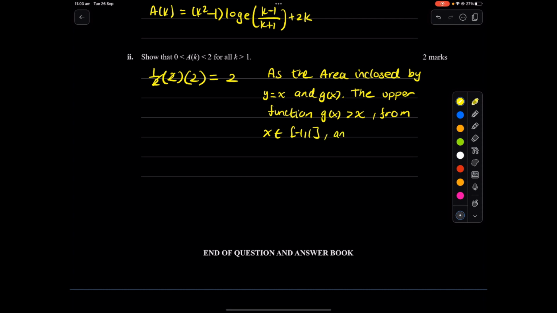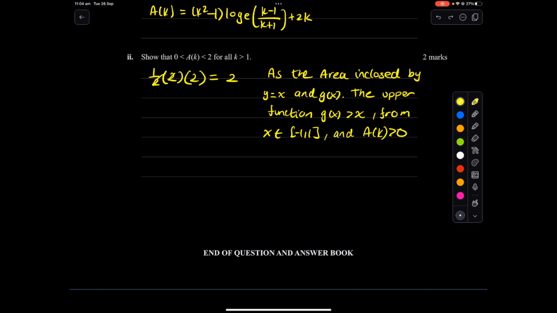And the area A of k is always greater than 0, as we can see. It never actually becomes 0.